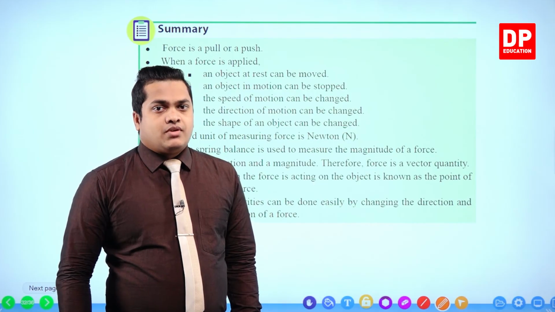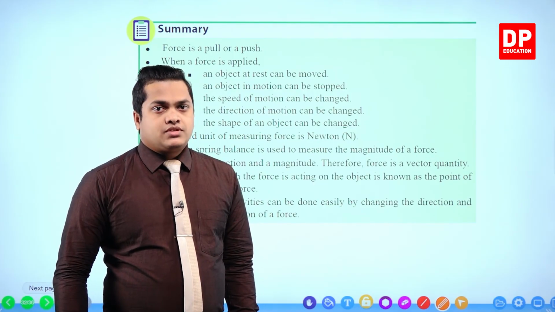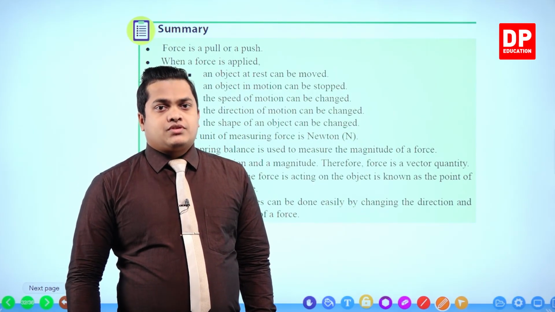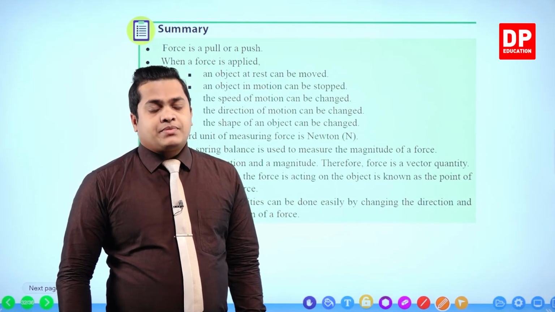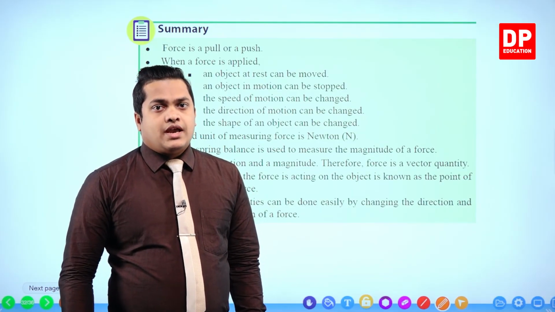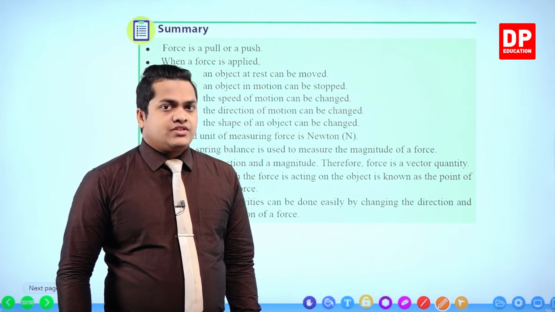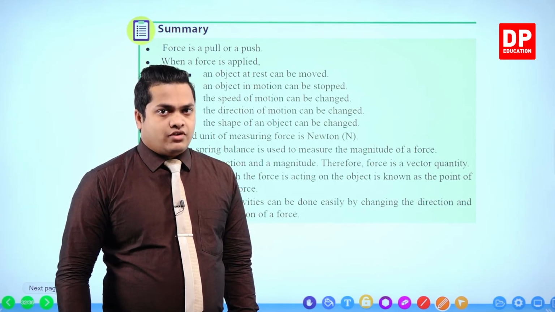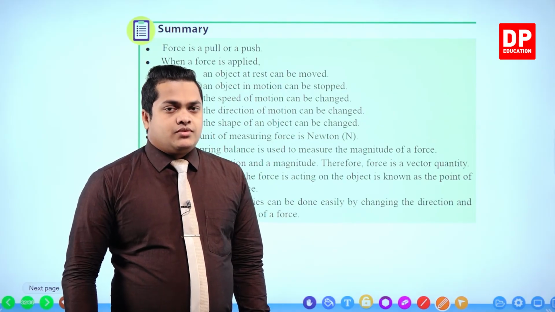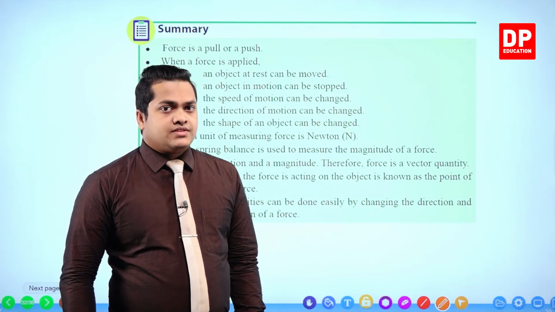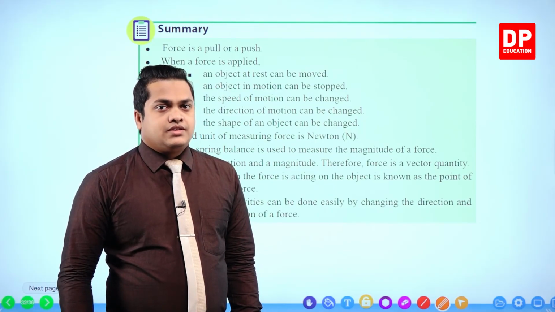Then we discussed the point of application of the forces, then the direction of the forces, then finally the graphical representation of the forces, and to do our day-to-day works, we can change the direction and the point of application as we want. So now we have come to the end of our lesson. So let's see what is the summary of our lesson.